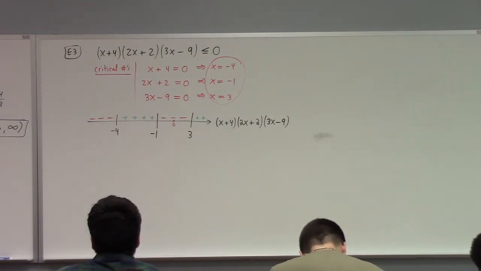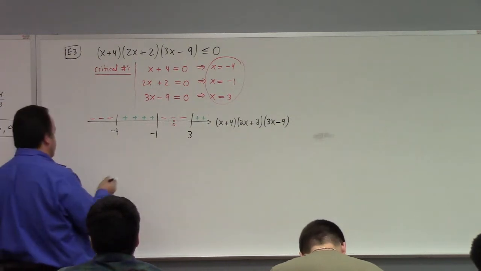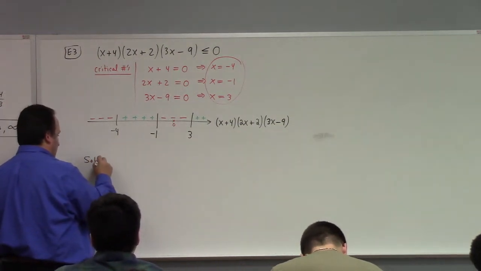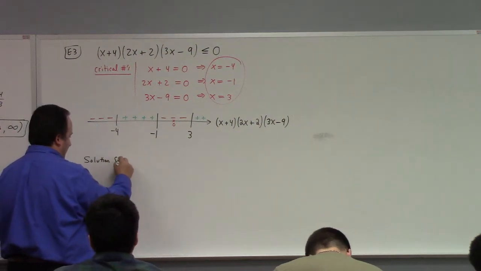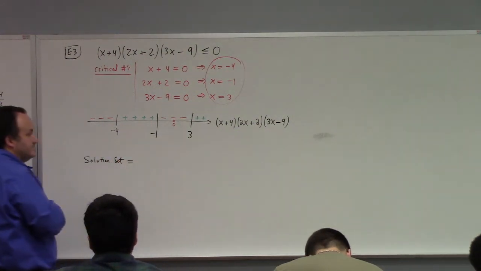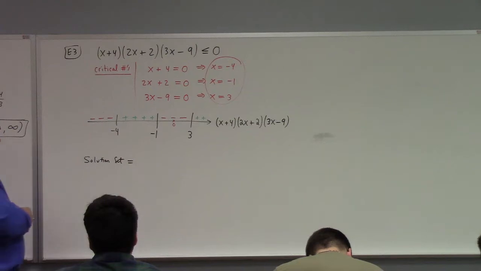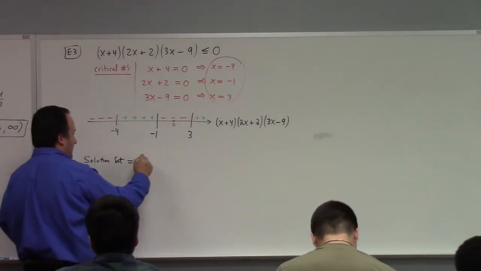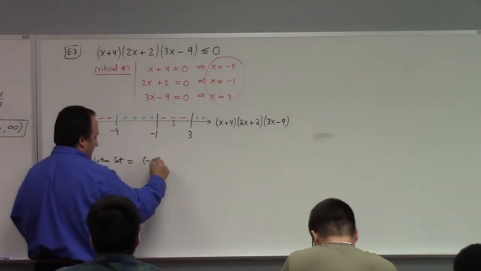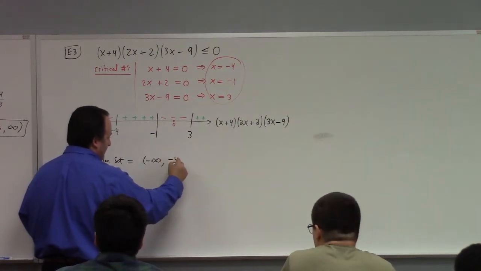Now we're solving less than or equal to 0. What's the solution then? All the negatives. So yeah, all the negatives is a good answer. So we want minus infinity to -4.